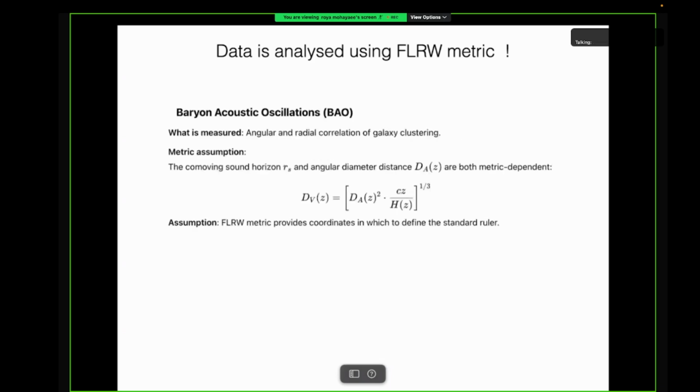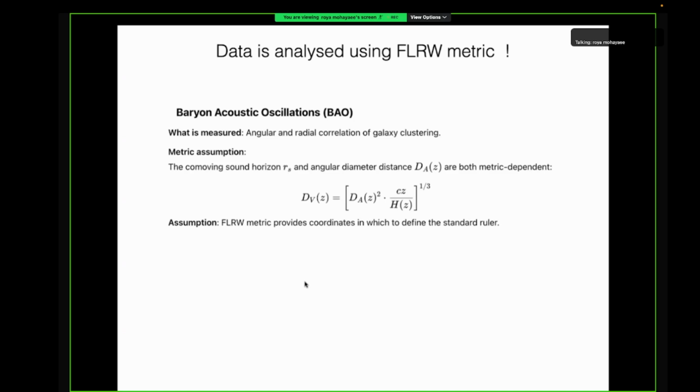Baryonic acoustic oscillations, very much used to put constraints on dark energy, modified gravity, general relativity. You definitely need to use a metric, because as soon as you go from redshift to a distance, you need to assume a metric.